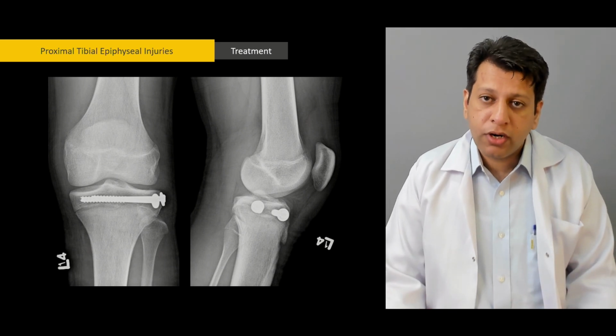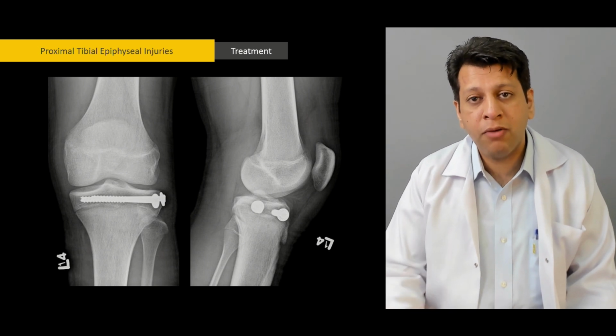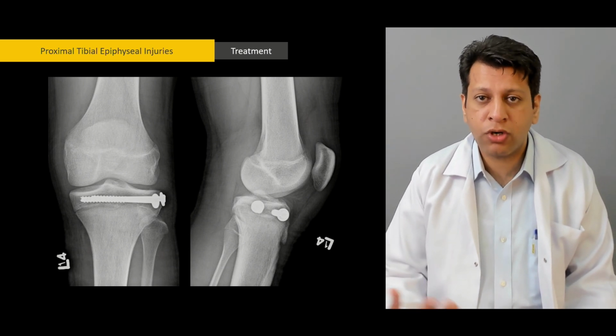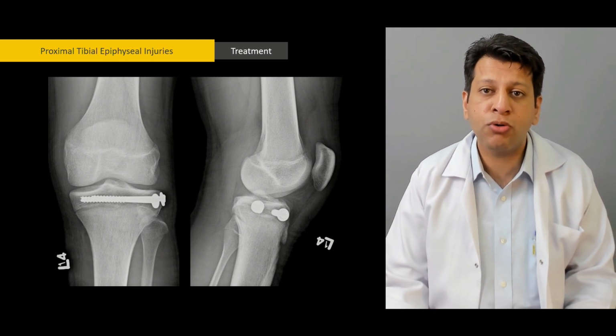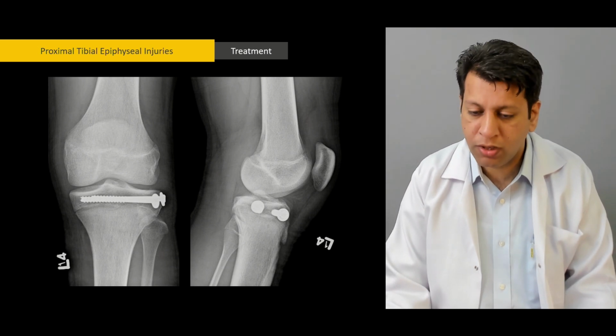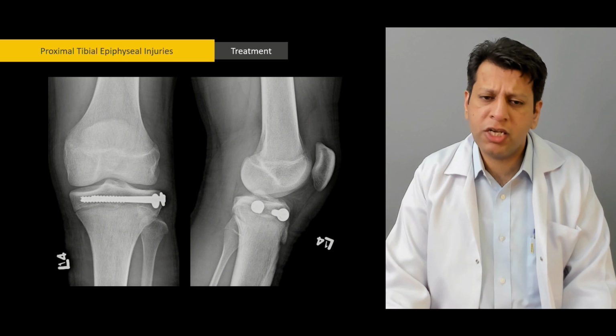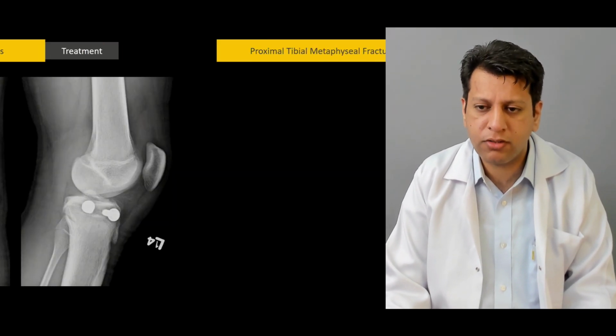So both important things have to be kept in mind: we don't want a child at 13 or 14 to have a shorter limb, and we don't want a child, 1 to 2 years after the trauma, to have either a varus or valgus deformity. So the management of these proximal tibial epiphyseal injuries has utmost importance.